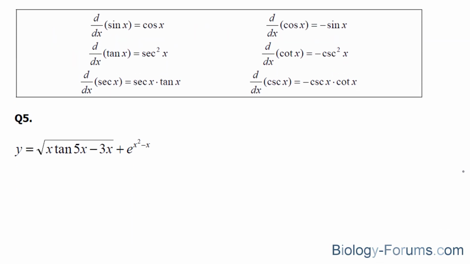And finally, in the last question, we are introduced to tangent. And the way you differentiate tangent is shown right here. So let's go ahead and try to differentiate this. We'll start off by concentrating our focus here. Remember, this radical is the same as saying y is equal to x times tangent 5x minus 3x to the power of 1 over 2 and everything else.